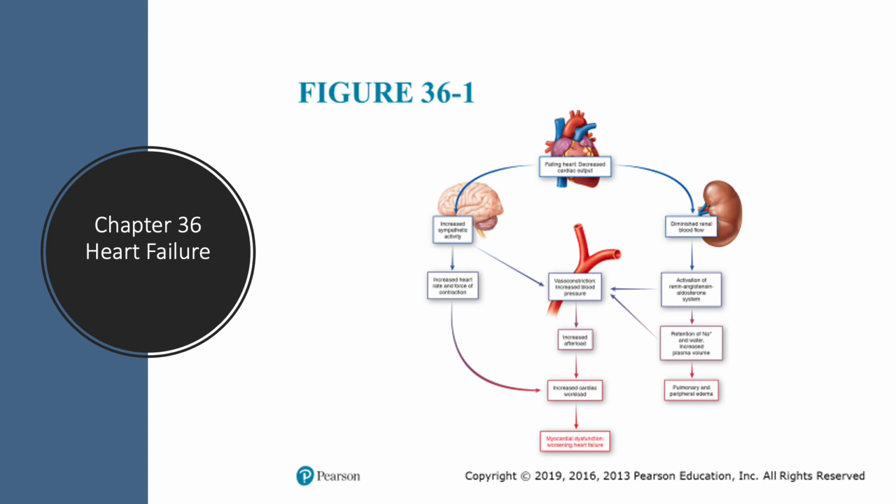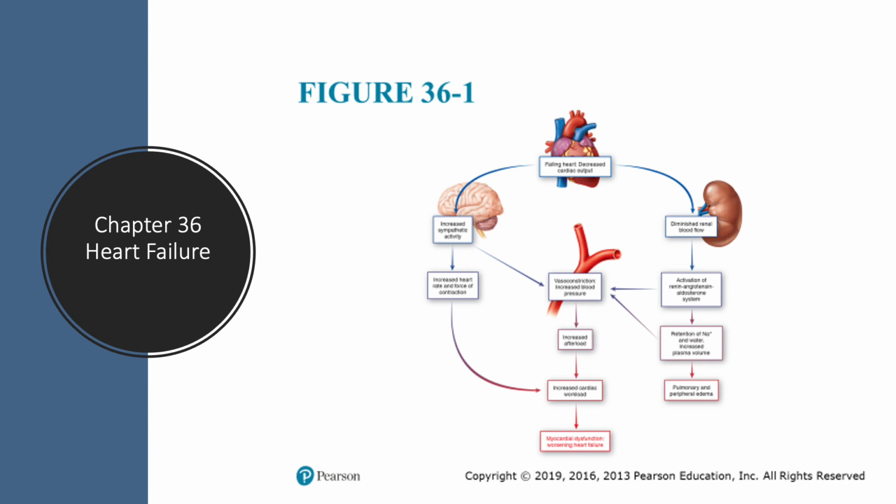Your renin-angiotensin system will sense reduced perfusion to the kidneys, and they're going to be activated. And why are they going to be activated? Because their primary goal is to maintain blood pressure. And there's really only two ways to maintain blood pressure.